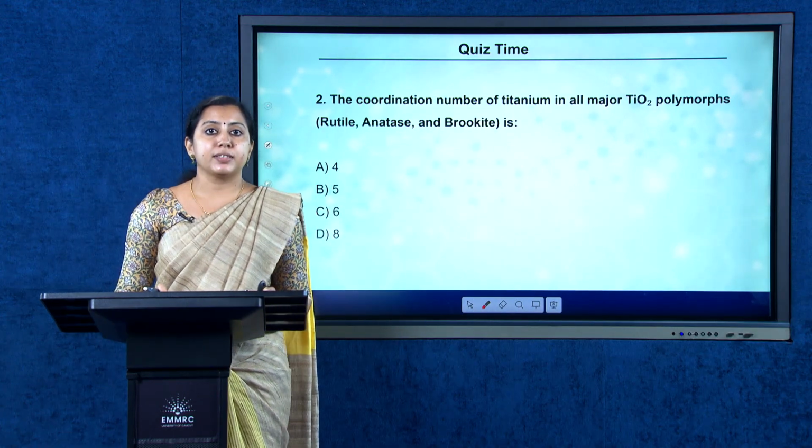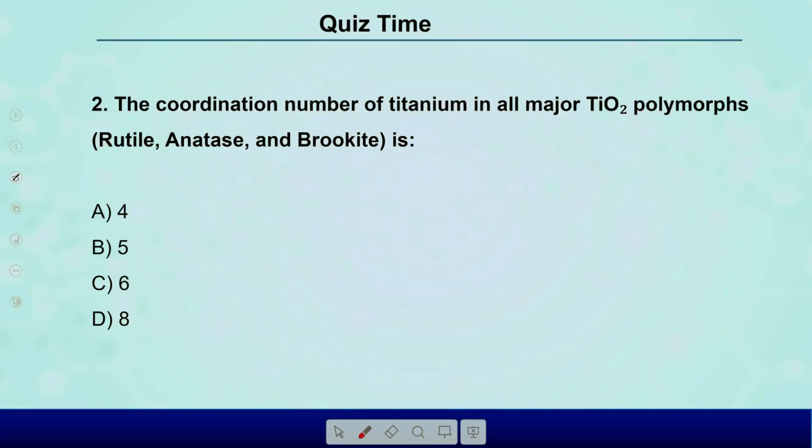Now let us move on to the second question. The coordination number of titanium in all major TiO2 polymorphs, that is rutile, anatase and brookite, is option A 4, option B 5, option C 6 and option D 8.